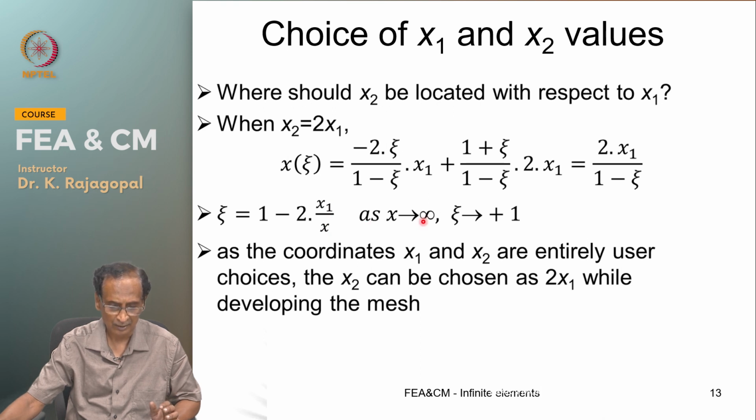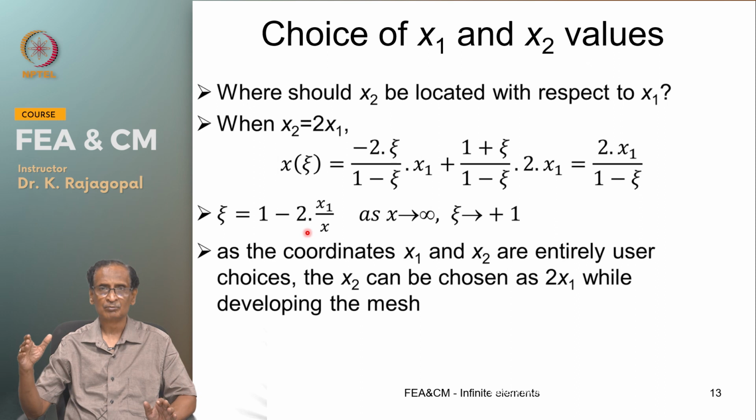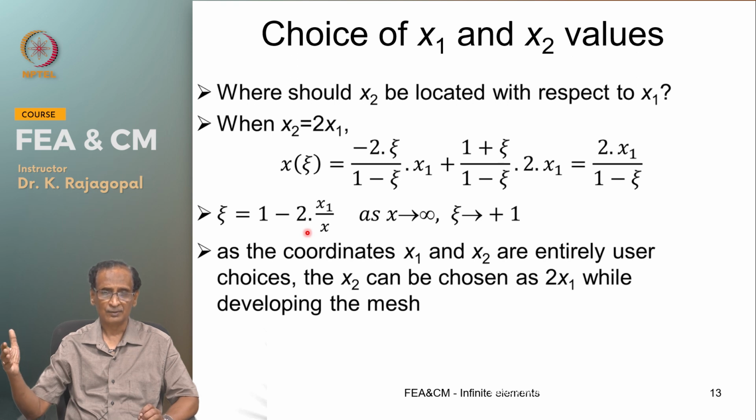So, as x tends to infinity, xi tends to +1, and in general we can say that our distance is increasing in the ratio of this; the singularity is in the denominator 1 minus xi.